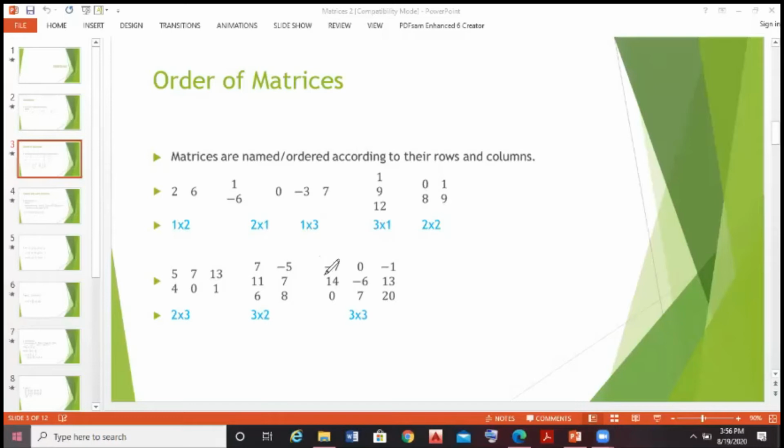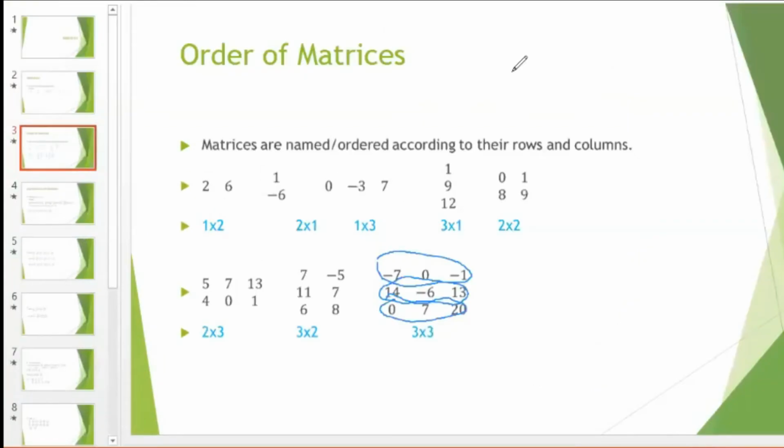Now, if you can see here, this is the rows. That is 1 row, 2 rows, 3 rows. Everybody following? Yes, sir. Good. Now for our columns, we have 1 column, 2 columns, 3 columns.